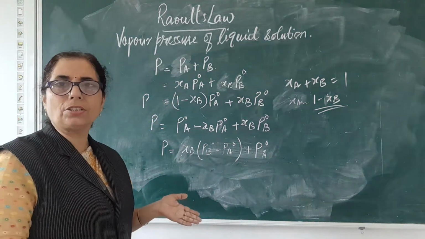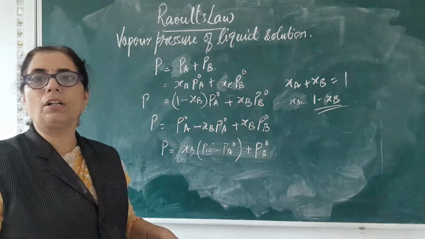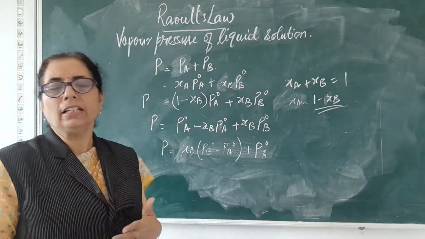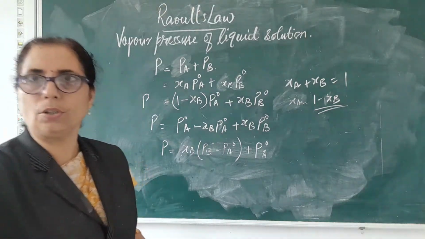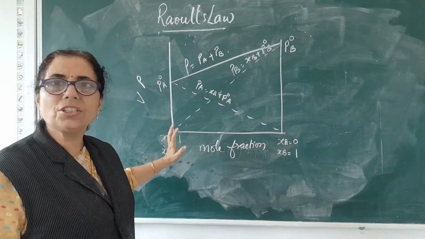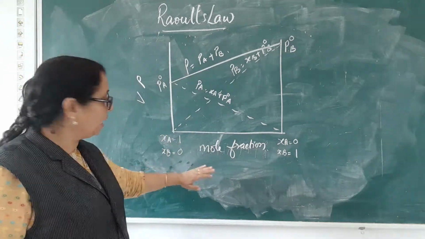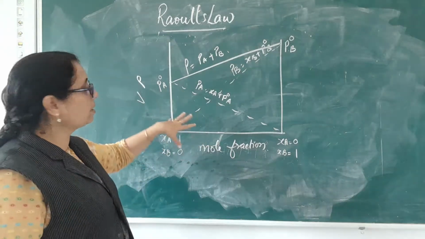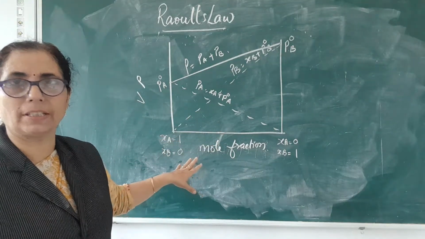Now, using this equation, that is the pressure exerted on the solution by the components, we can also see the same thing with the help of a graph. In this graph, we will see the relationship between the vapor pressure and the mole fraction of an ideal solution. Okay, in this we will try to understand the concept.